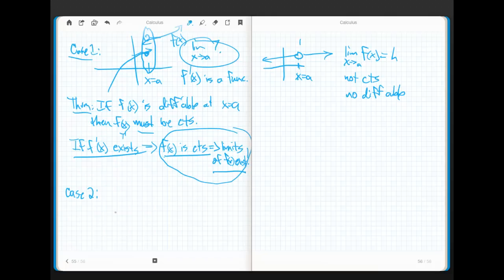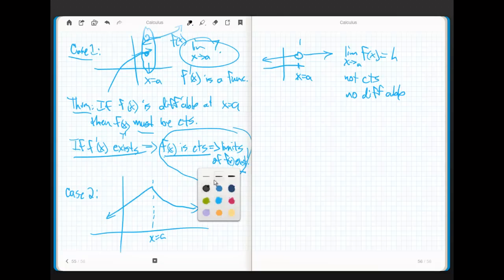Case 2 is if you have a function that looks like this. Let's say you've got this function right here, and this is the point x equals a. Now, here's the problem. Remember, the derivative of a function, this is going to be my f of x, has to be a function, all right?